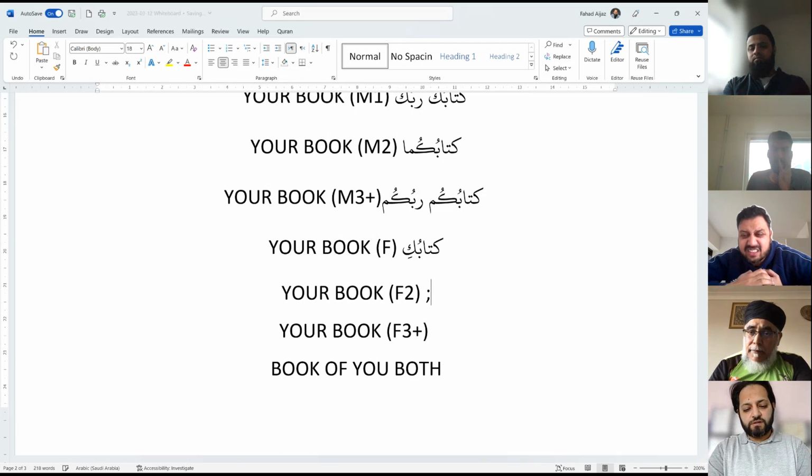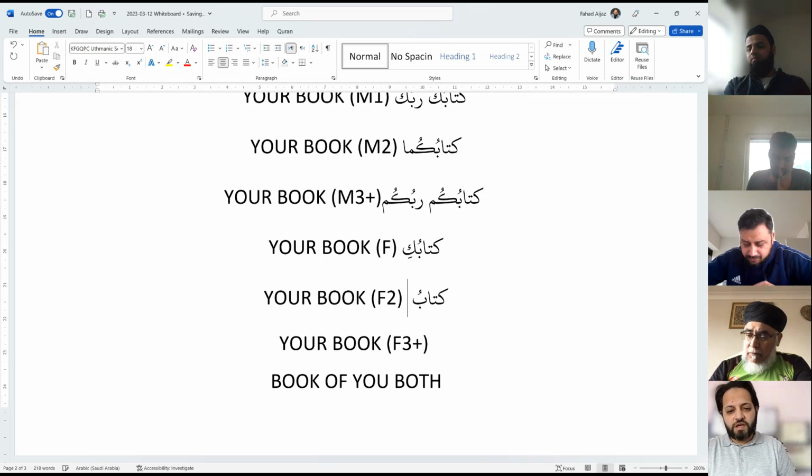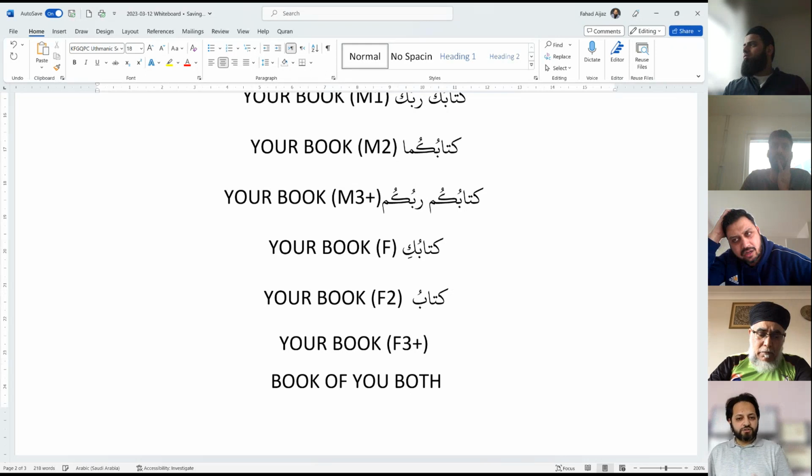The word is still the same. It's kitabu, and I'm looking for "your" that represents two women. Give me the independent form, and then we'll go to the attached form. Two women, your, second person. Anta, antuma, antum, anti, antuma, antunna, right?